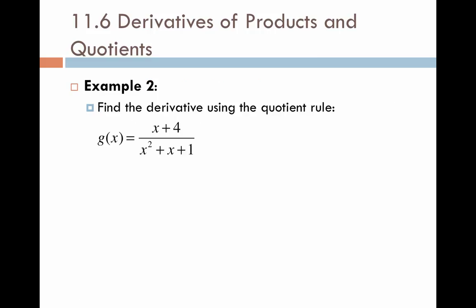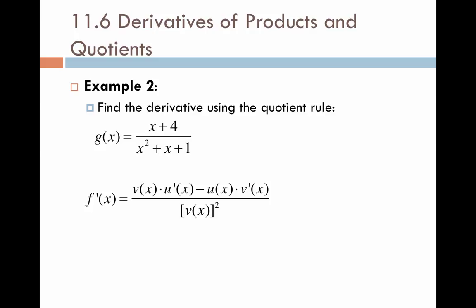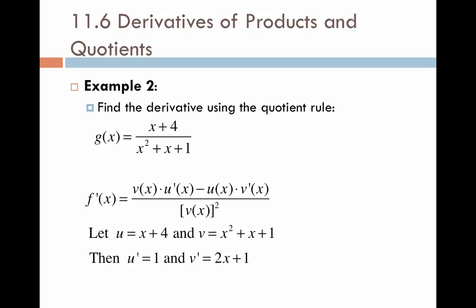Example 2. Find the derivative using the quotient rule. So g of x is a quotient, so we have to use this rule here. So I need to know what u is and what v is. U is always the numerator, so it's going to be x plus 4. And v is always the denominator, so in this case it's going to be x squared plus x plus 1. Then I need to take the derivatives of those. So the derivative of u is u prime, and that equals 1.